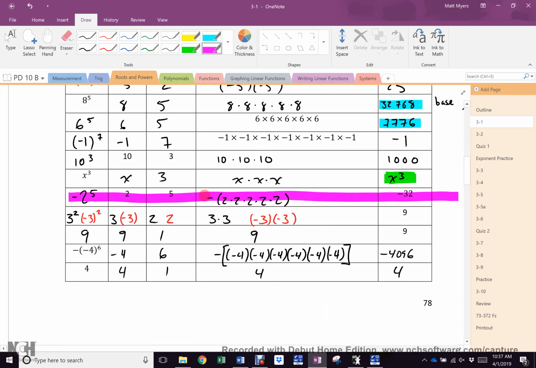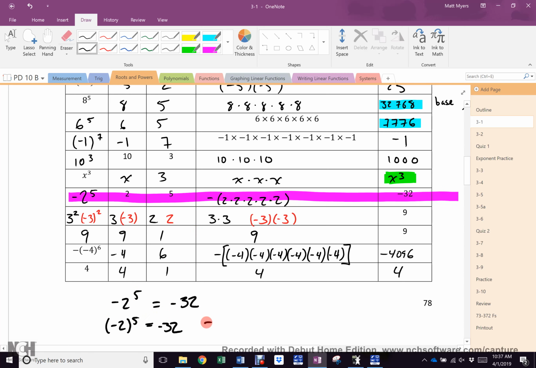Now, why this is problematic is because of this. -2 to the 5th equals -32. But so does -2 to the 5th. Why? This is what you have. Does everybody understand the purple line there? 2 times 2 times 2 times 2 times 2 is 32, and then it's negative out in front.